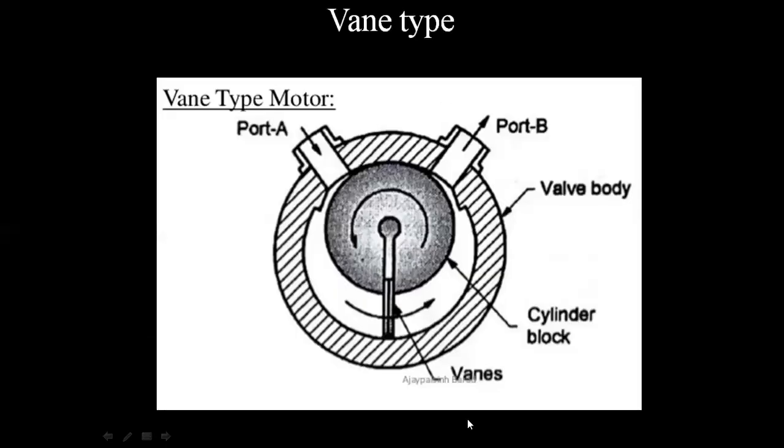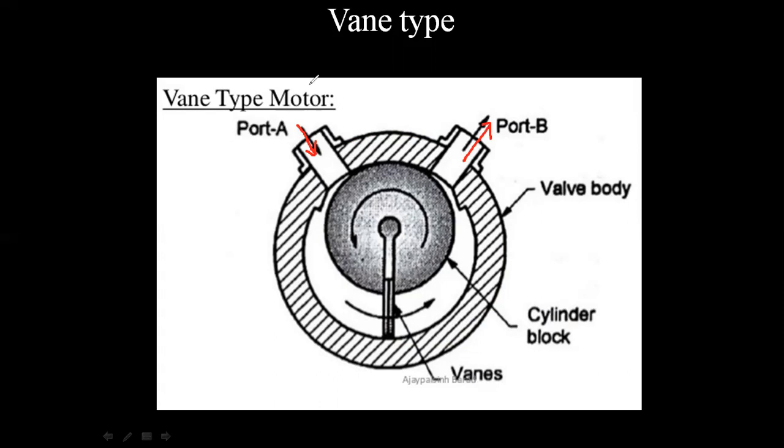So this is the vane type motor. Listen carefully. This is the casing, the outer covering, in which there are two ports: port A, the inlet, and port B, the outlet.